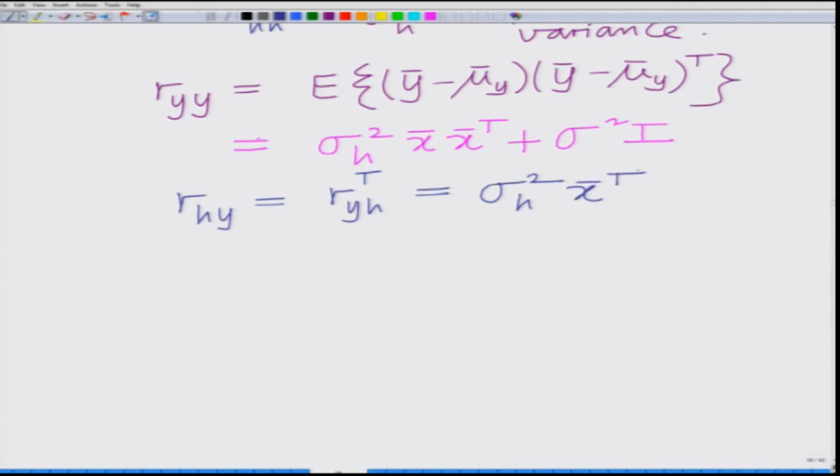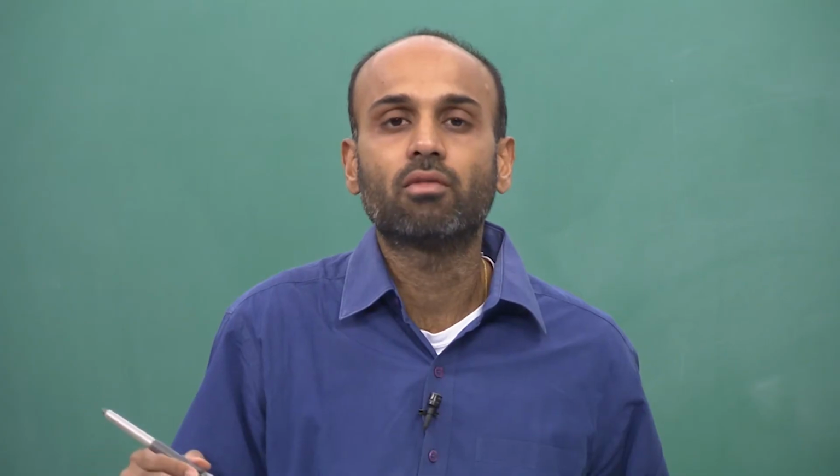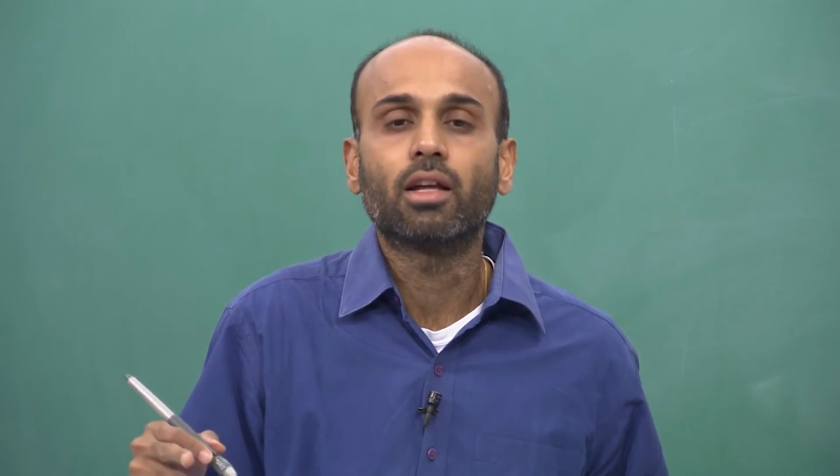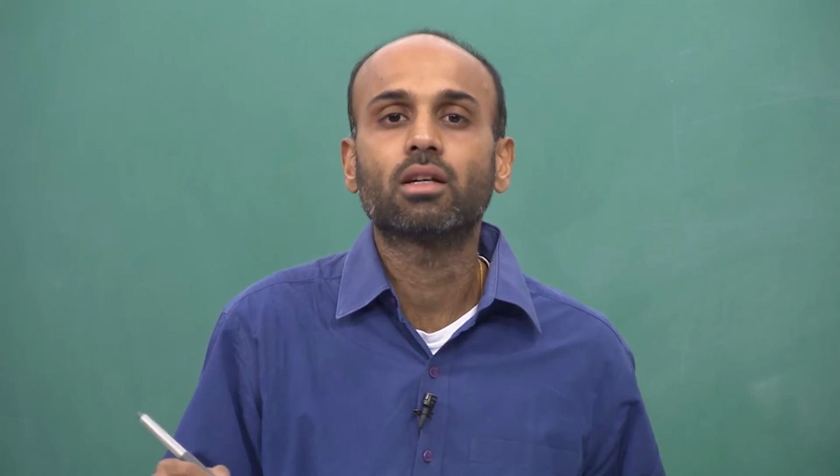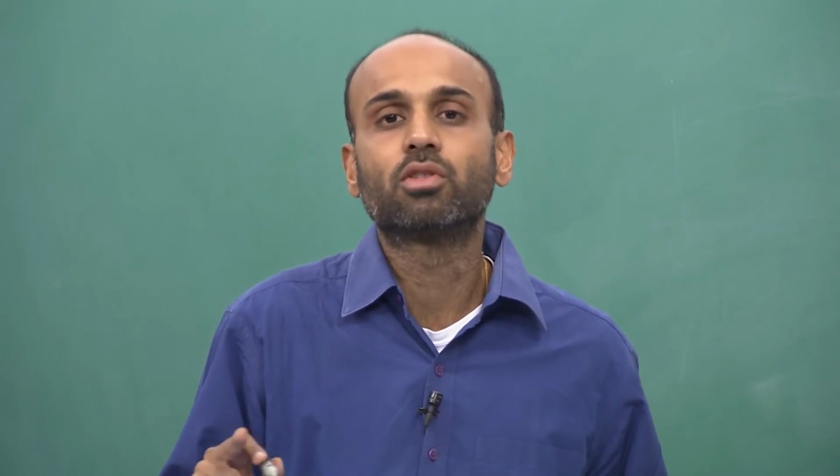So, this will be sigma h square x bar transpose. So, these are the four different quantities, R_HH, R_YY, R_HY and R_YH, and R_HY and R_YH are the transposes of each other.